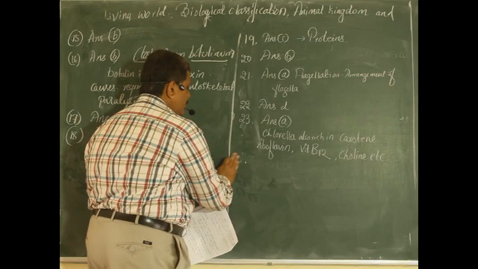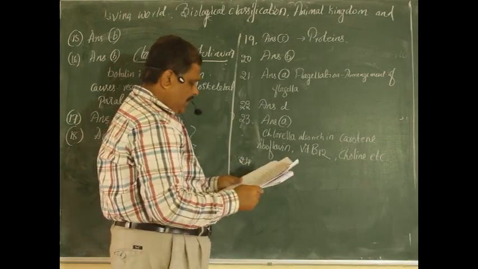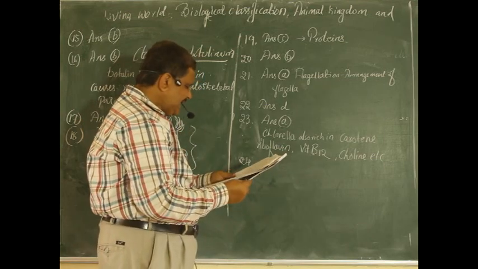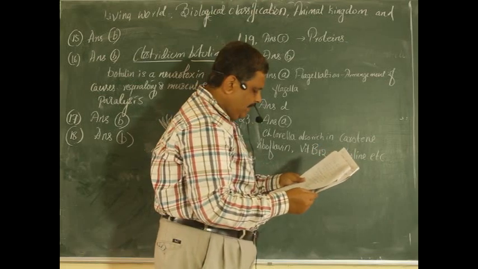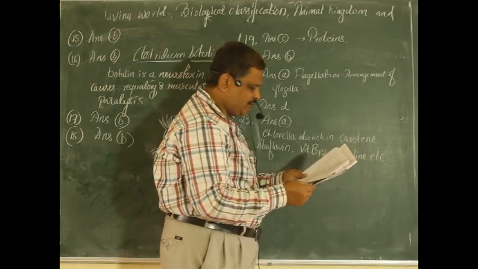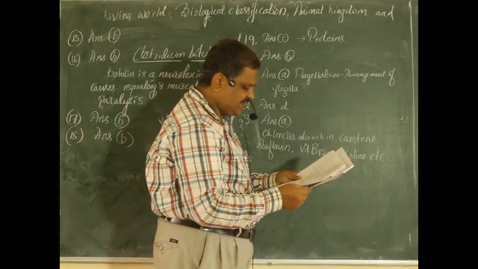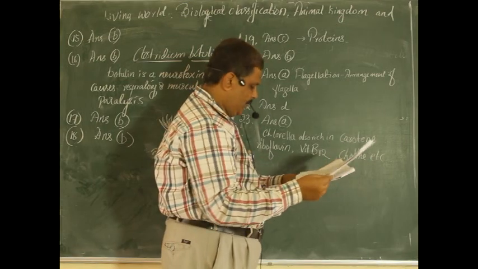Now let us move to question number 24. Parasitic algae is option A, Cephaleuros, option B, Oocystis, option C, Volvox, option D, Oedogonium.